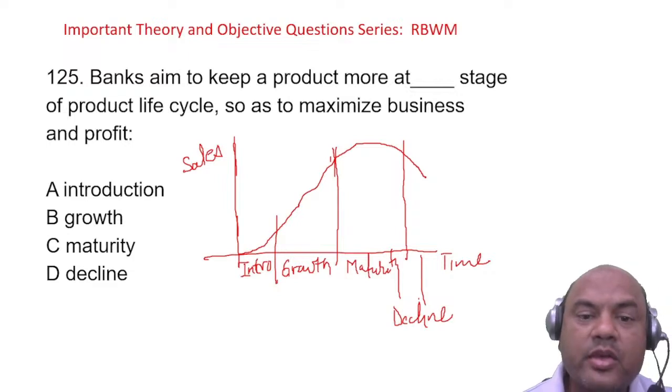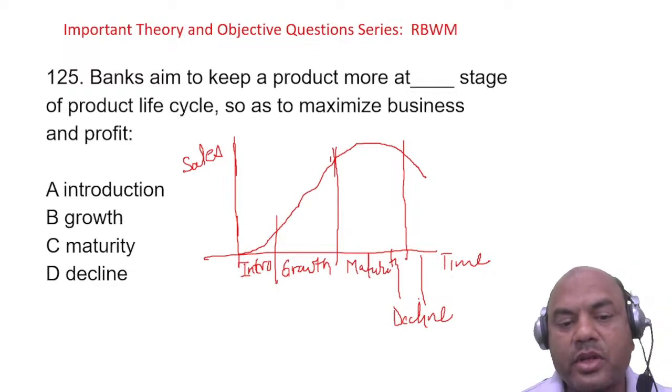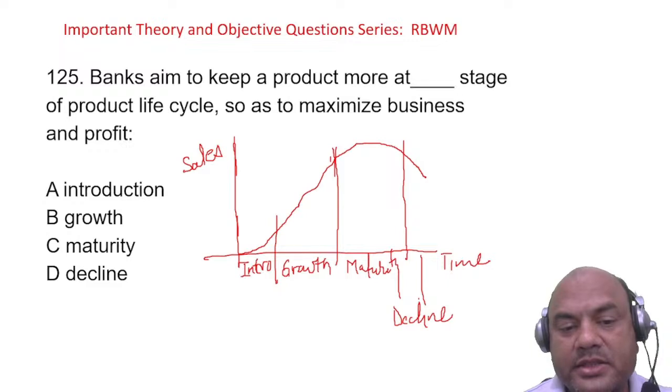If you note, the sales over here in the introduction are lower. In the growth phase the sales keep increasing, in the maturity phase the sales are at the peak, and in decline the sales go down.